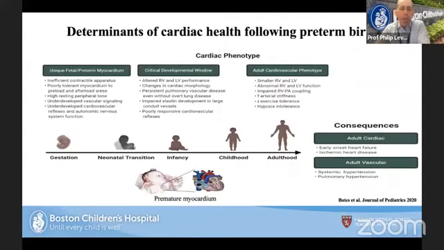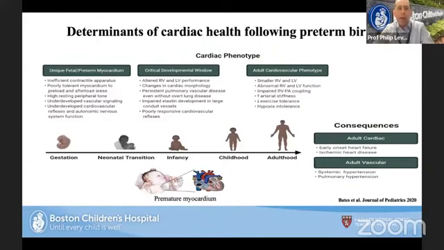So over time, this is what all of our research has pointed to. There are unique features of the preterm heart. I talked about contractility. I talked about loading conditions. I talked about unique autonomic responses. We know that in the critical development window in the first year of age, there are changes in the right and the left ventricle. There are changes in morphology.